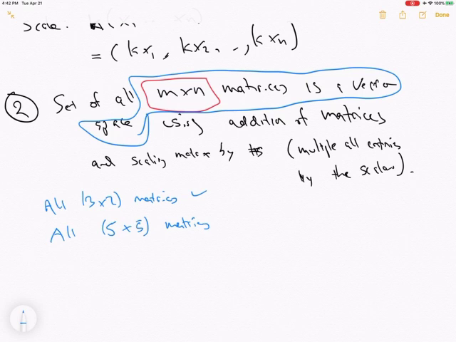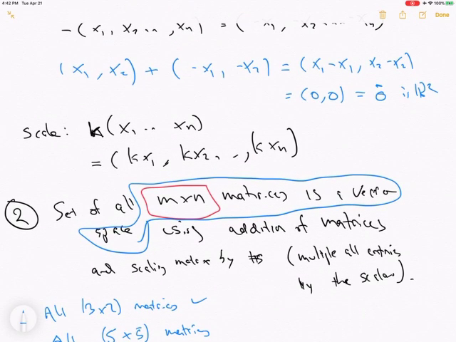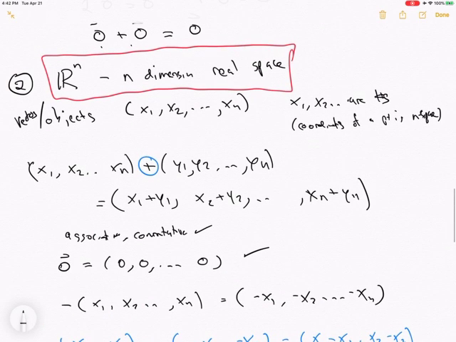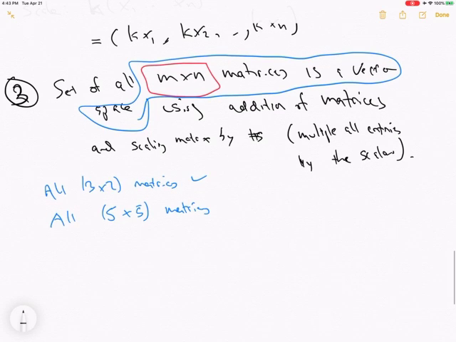So you generate an infinite number of examples from, sorry, I misnumbered this, from our second example over here, Rn. This is true for all n, so that gives you an infinite family of examples. Similarly here, we have an infinite family of examples because you can let m and n be any positive integers. And so for any fixed rectangular array of numbers, we have a vector space.